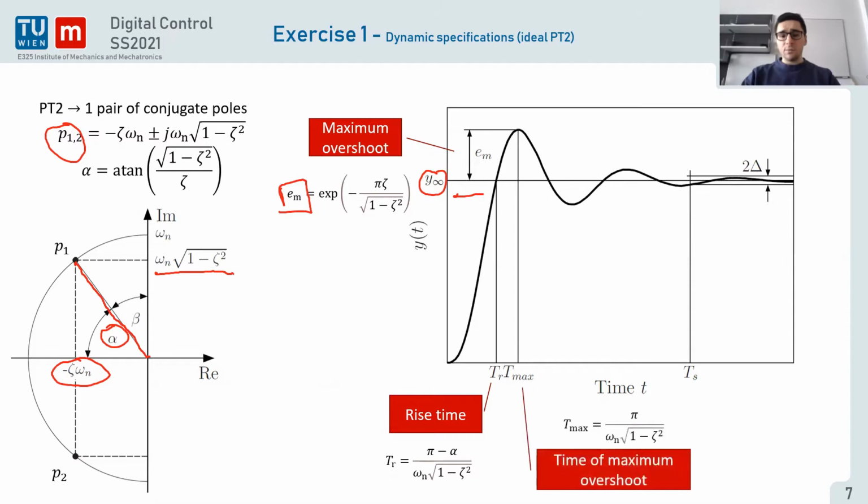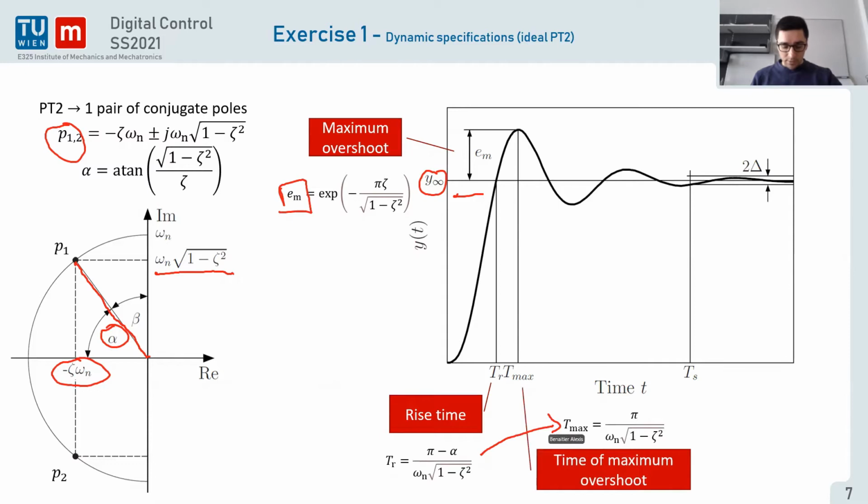Then there's the time of maximum overshoot. It's probably used a little less often, but still it's quite important. This is just the time at which the maximum overshoot appears. This time of maximum overshoot is always larger than the rise time, obviously. And you can see that it's almost the same formula.